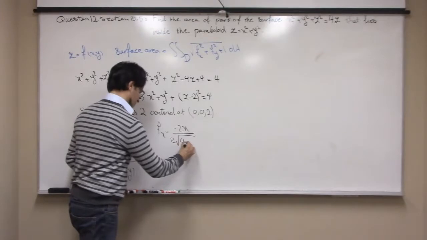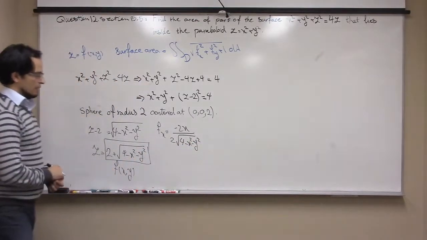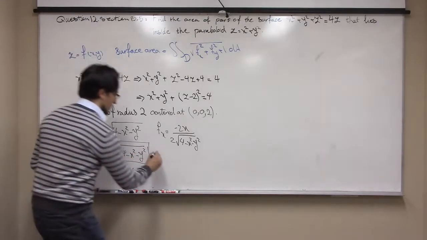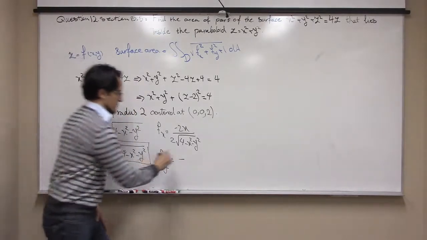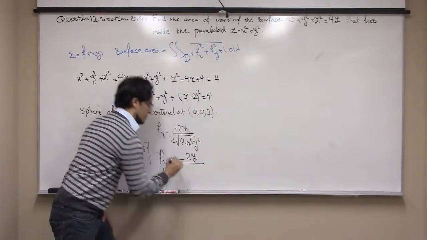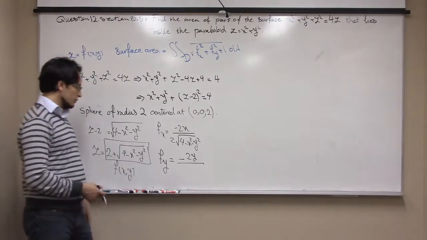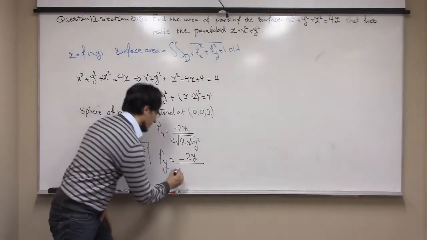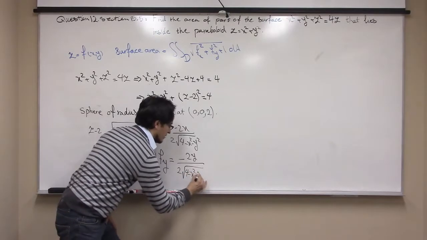So the denominator has the square root of 4 minus x squared minus y squared. That's my f_x. f_y is the same thing. You can use the chain rule and the power rule together for the differentiation of the square root, and you get that.